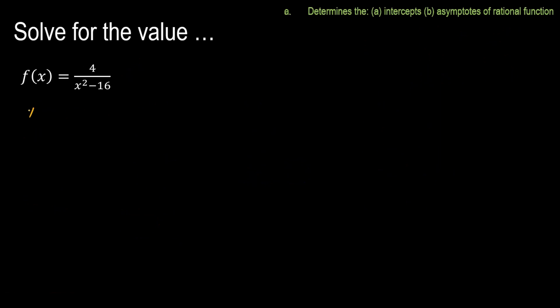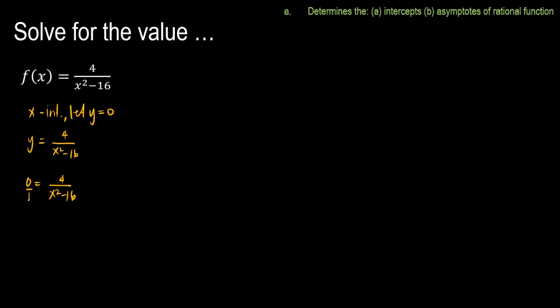So, first, let's get the x-intercept. Let y is equal to 0. So we have the function f of x is equal to 4 all over x squared minus 16. We can rewrite that as y is equal to 4 all over x squared minus 16. Let y is equal to 0. So we will have 0 is equal to 4 over x squared minus 16.